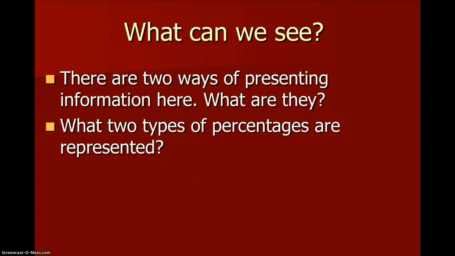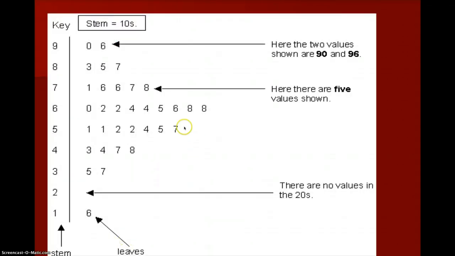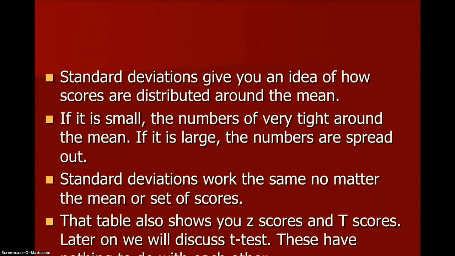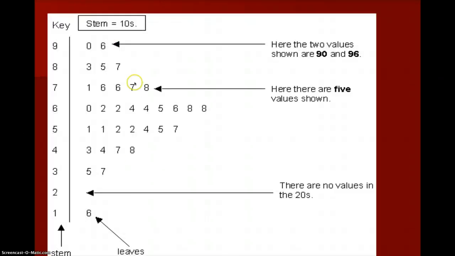Okay, and we kind of went through that. Now, sometimes we'll want to see a picture. So if we look at this picture, this is a different set of data. This is called a stem and leaf plot. And basically what it shows is there's a stem, a base number here that's in the 90s.